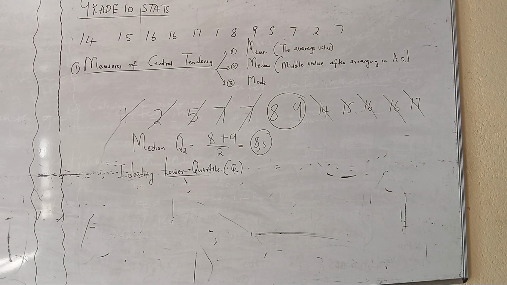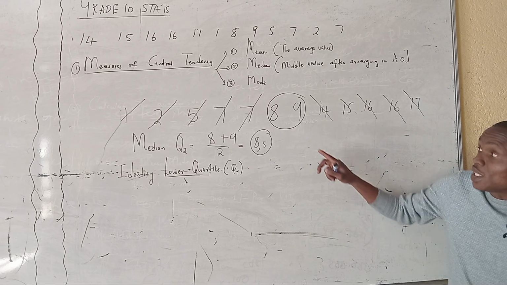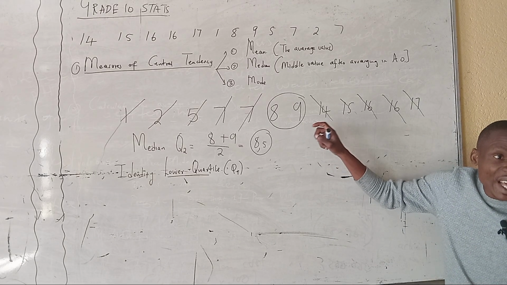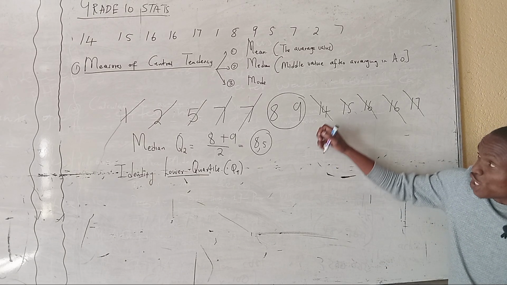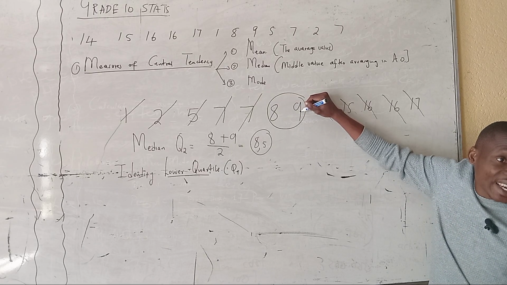I want us to find what? The lower quartile, which is what? Q1. How do we find the lower quartile? Don't forget that the median, we said, is how much? 8.5, which is between these 2 numbers, 8 and 9.